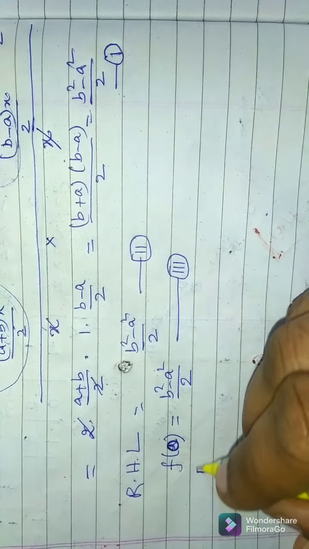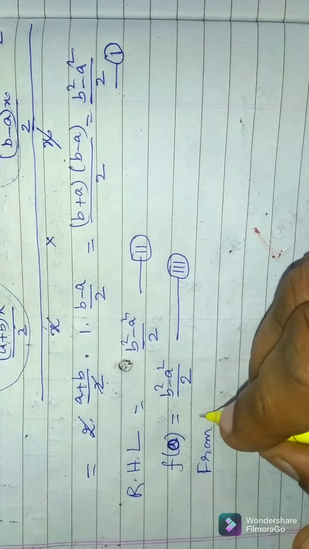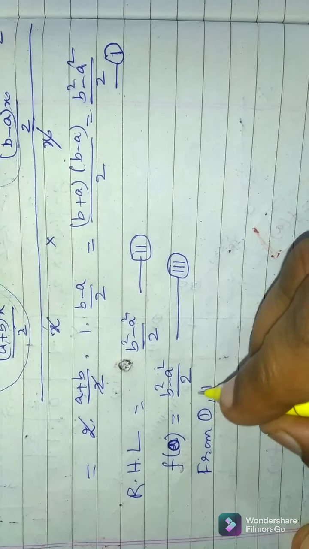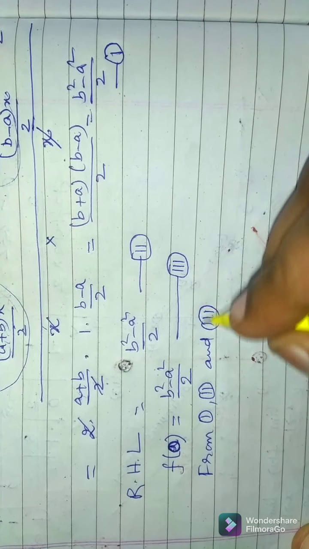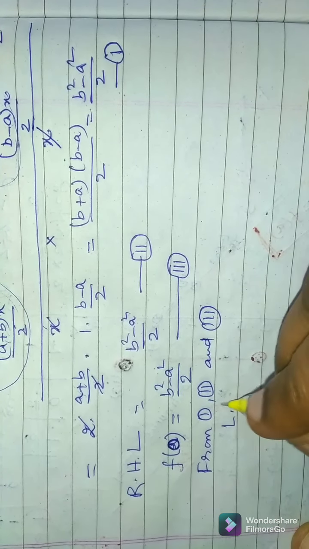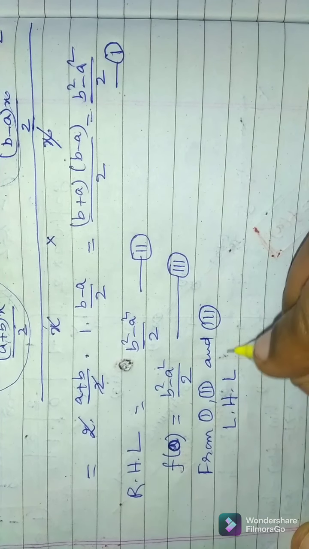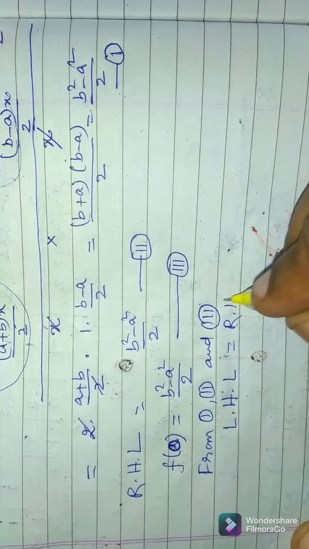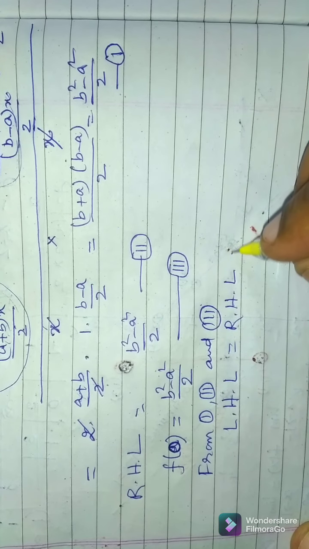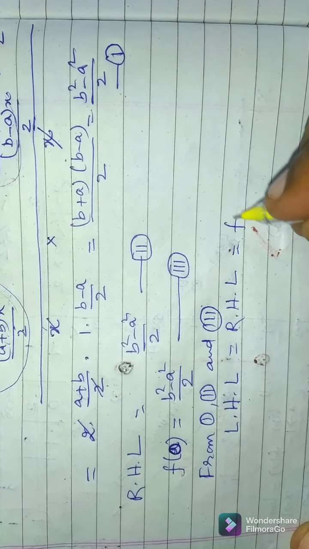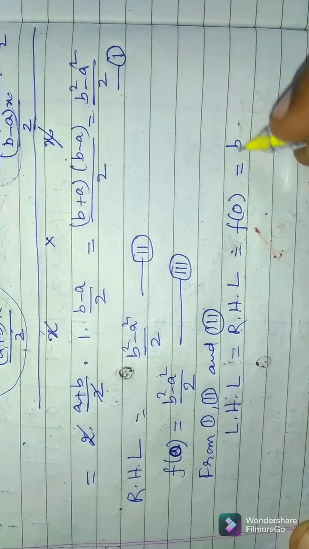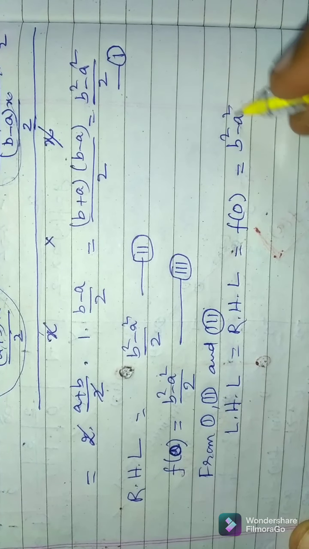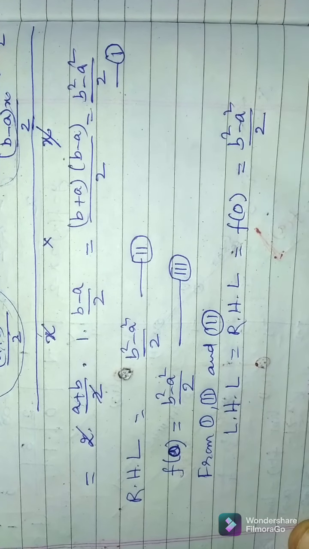So from equation 1, 2 and equation 3, we can write left hand limit is equal to right hand limit is equal to f(0), the value of the function, and all are equal to (b square minus a square) upon 2.